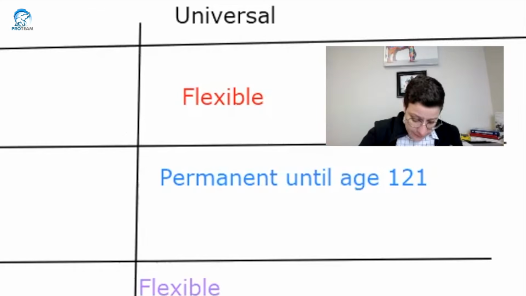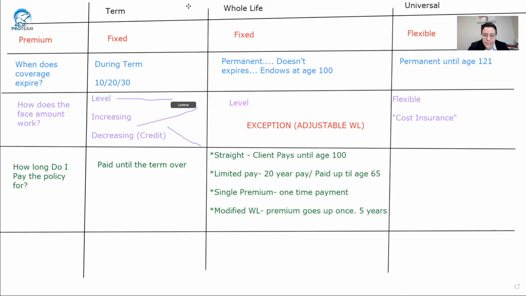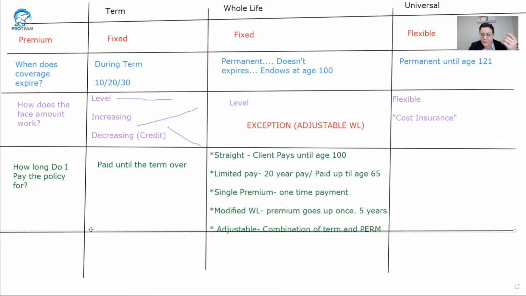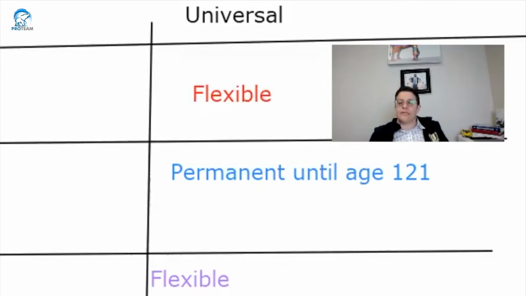And then the last one, okay, is adjustable. And the way that adjustable works is a combination of term and permanent, okay? And the way that I like to think about it is that it's kind of like a belt. You know how with a belt, if I want to put my pants down, I got to undo the belt and then I can put my pants down, but it's supposed to stay there.